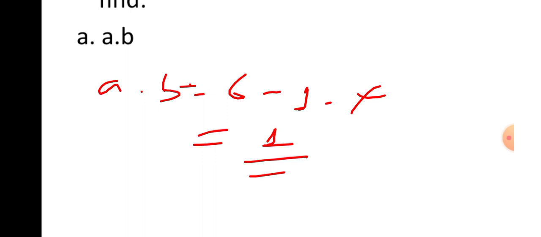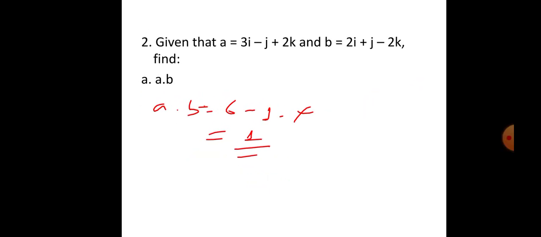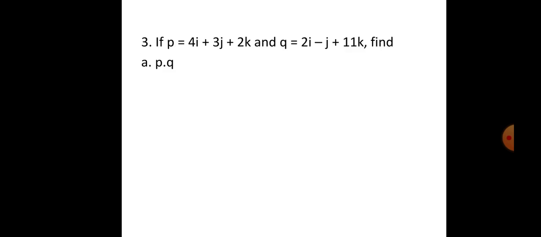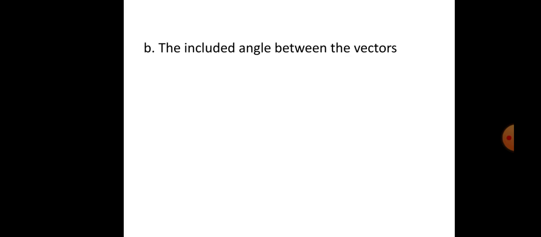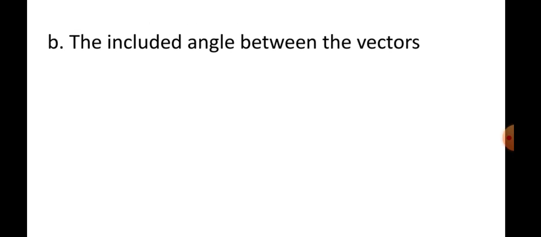Next question. The next question B, the included angle between the vectors. The included angle between the vectors means there is a vector A and vector B. The angle between the two vectors.